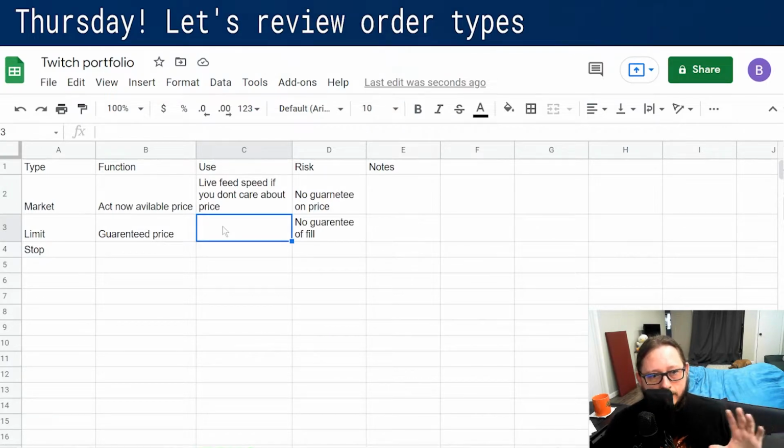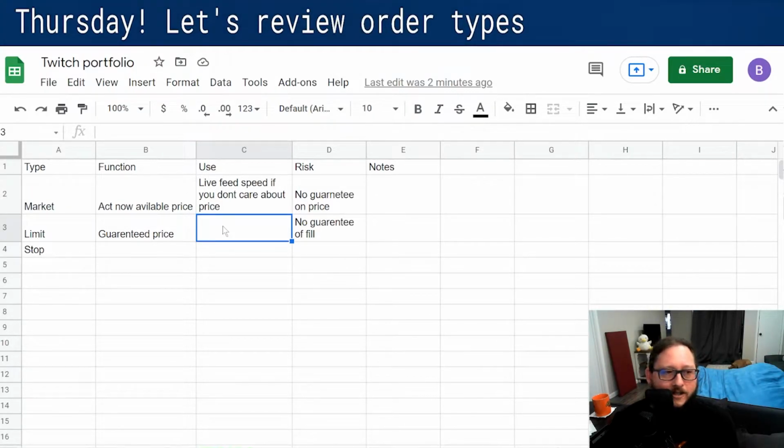Keep in mind, this is still limited by other orders that were in line ahead of you, because it's basically first come, first serve when you enter your order. The first order they have on the books is the first one that they filled. So if you've got 100 orders before you, and yours is order 101, and they run out of shares at that price before the price spikes back up, you're still not going to get a fill.